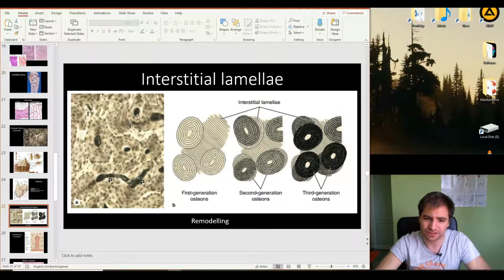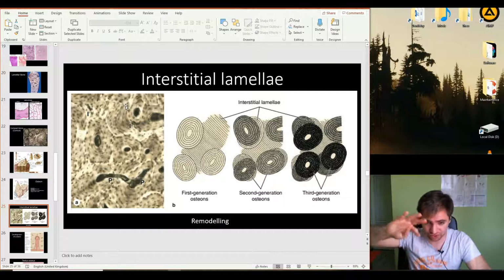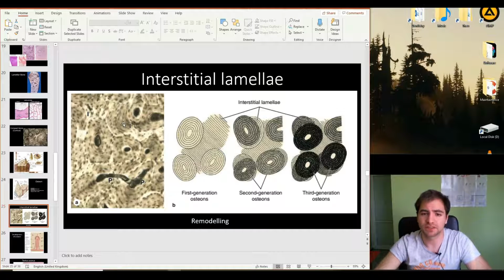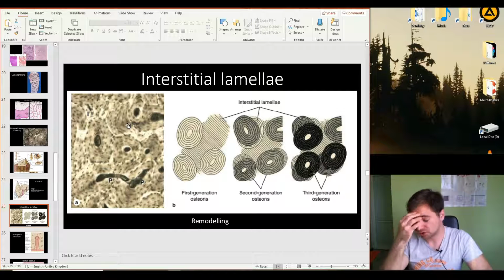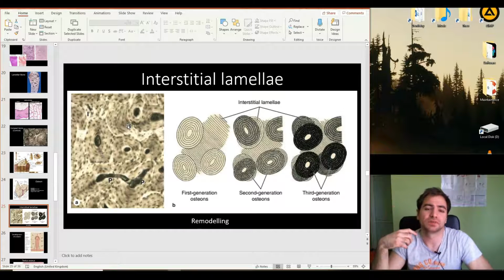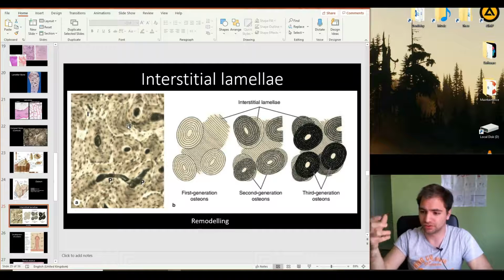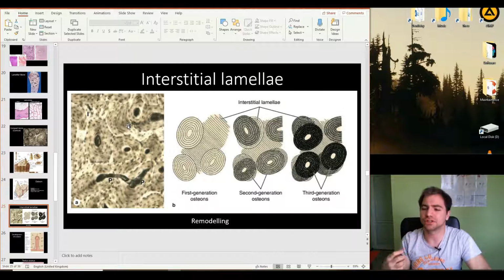Do you see the difference? Here we have a very nice concentric shape, and here this concentricness is being lost. This is because these lamellae do not belong to this osteon right here. And these lamellae that do not belong to the other osteons, this is called the interstitial.